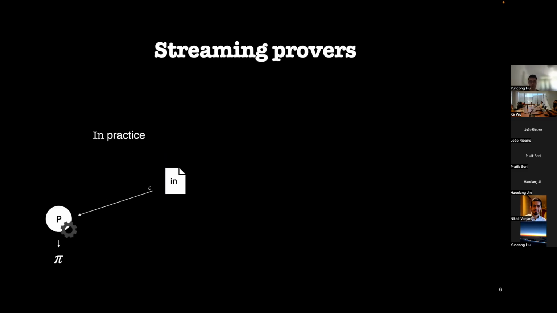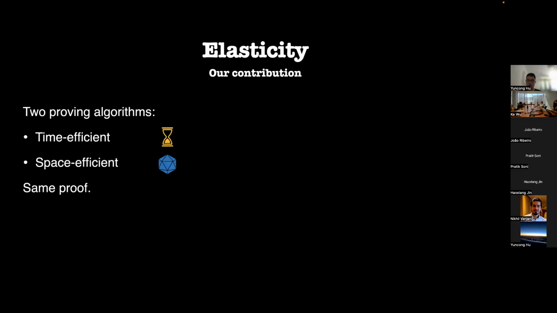And on top of that, in our paper, we also propose the notion of elasticity. It means that you have a single proving protocol, but it has two different realizations. One is the time-efficient realization, which means you have enough memory and you optimize for time performance.